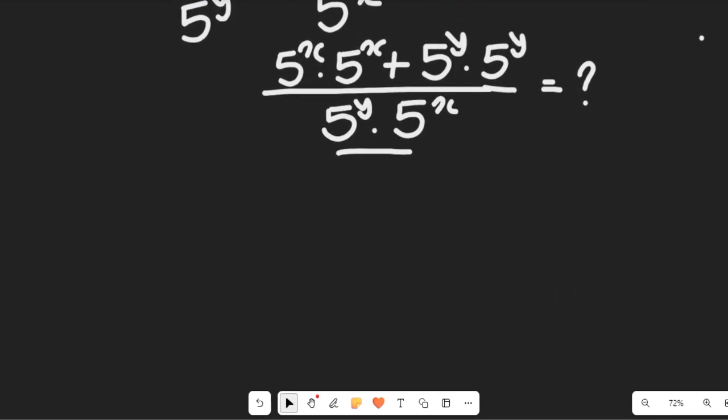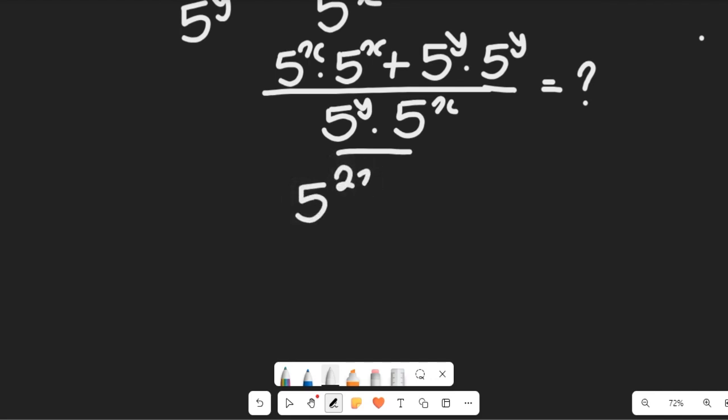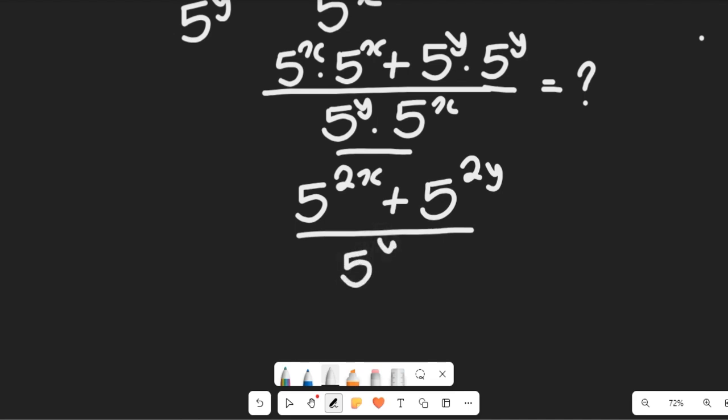Now, if you simplify that expression, 5 to the power of x multiplied by 5 to the power of y, remember, we have to add the indices, and we'll have 5 to the power of 2x plus 5 to the power of 2y, divided by this multiplied by this. If we apply the law of indices, common base 5, we'll have y plus x. That's the multiplication law of indices.